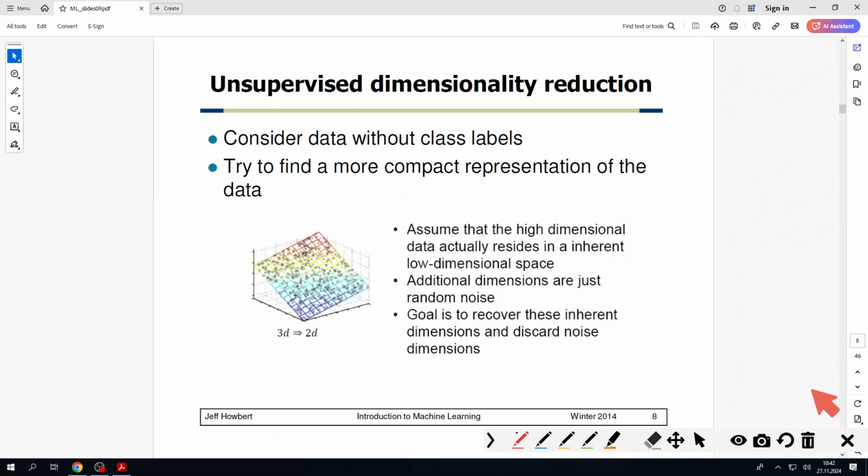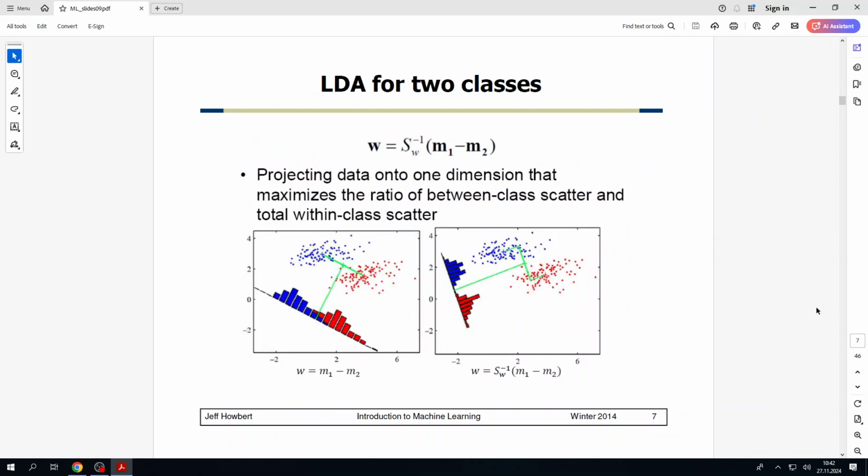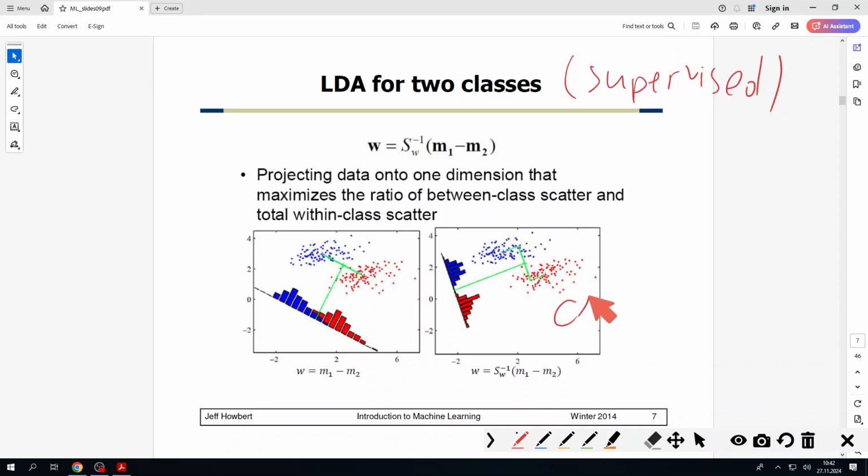So here, again, as I said, we were considering the supervised case, when you actually have correct labels and you know that this is class 0 and this is class 1. Hence, you can easily say how well they are separated for each of these lines as projections, here and here and here.